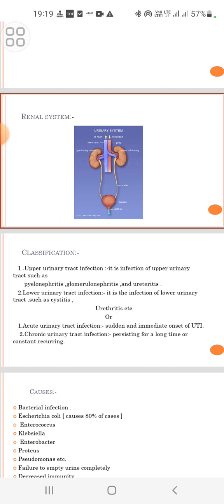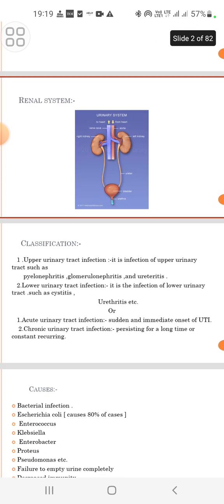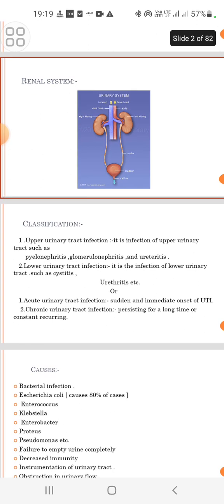When the infection occurs in the upper urinary tract, that means in the kidney, it is known as nephritis, or if it happens in a part of the kidney like the glomeruli, it is known as glomerulonephritis. If it occurs in the ureter, it is known as ureteritis. If the infection occurs in the lower urinary tract, that means in the bladder or the urethra, it is known as urethritis or cystitis. So likewise the classification of urinary tract infection occurs.